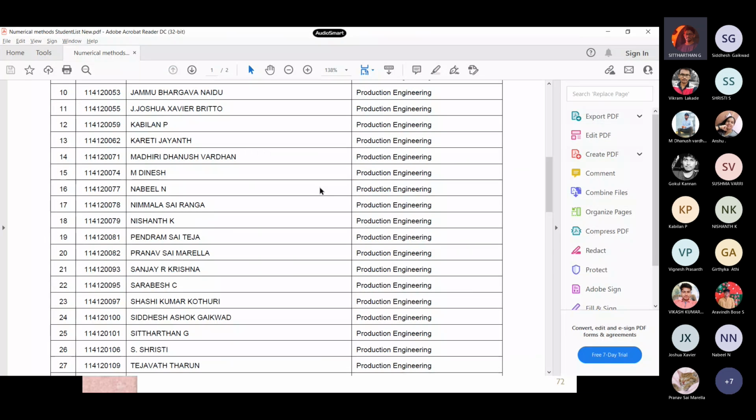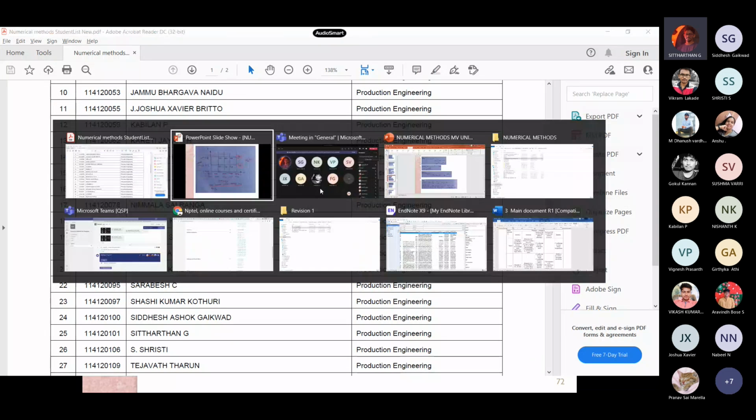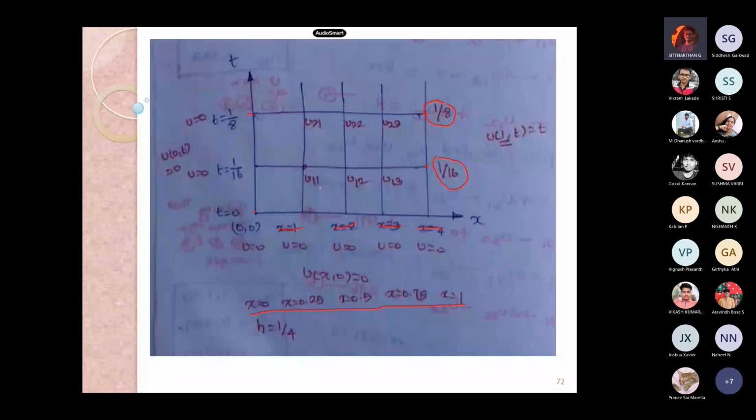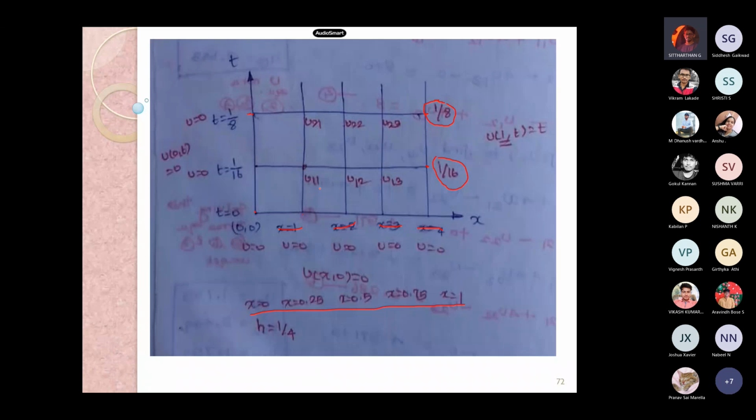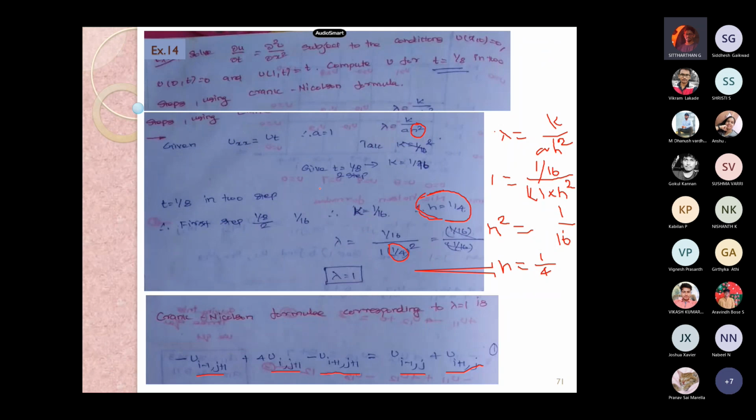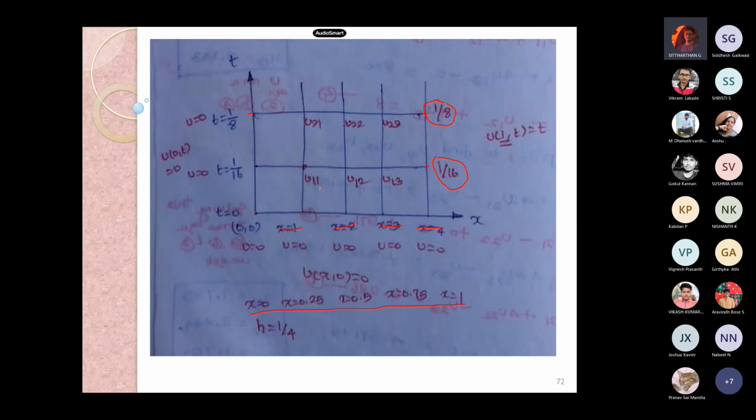So doubt, yes. So we have to name it as x11, x21, x31 also. But it's named as x11, x12, and x13. Where you're asking? In that graph, yes, sir.